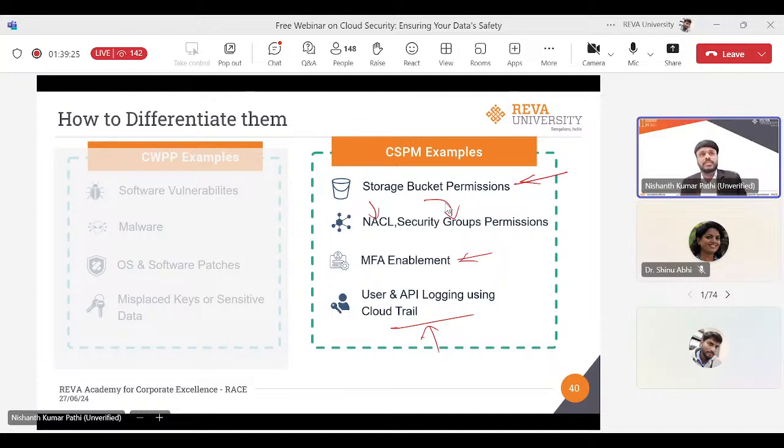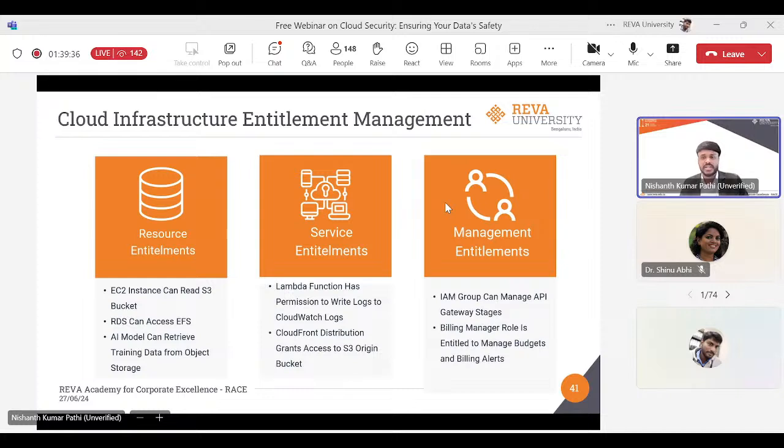Now, some of these CWPP and CSPM tools are there in the clouds, but you can take a third party one also and implement it. Something like cloud infrastructure entitlement management tools, like resource entitlement tools, can detect if an EC2 instance has more permissions than it needs. Can an RDS, relational database service, access an elastic file system or not? Can an AI model retrieve certain objects from a certain database?